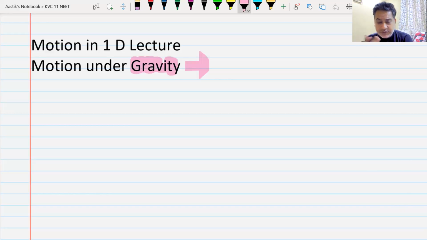Whether you know it or you don't know it, if you know it, please try. Sitting quiet does not help much. So what is the acceleration that is produced by gravity known as? Does anyone know it? I'm waiting.